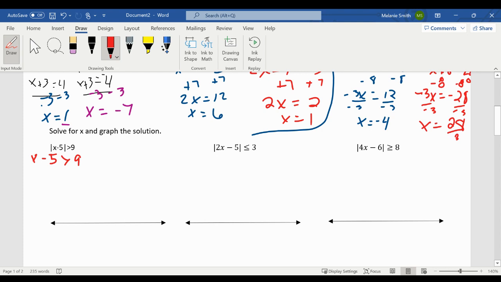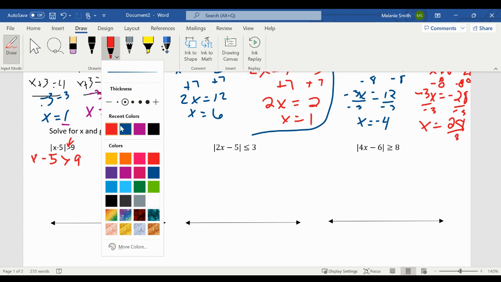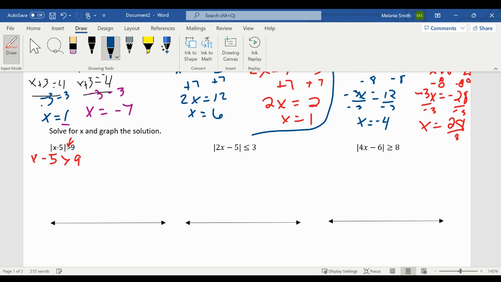But because the negatives are like a mirror image of the positives, when I do my second equation, I'm going to flip that sign to face the other direction. So my second equation is going to be x minus 5 is less than negative 9.